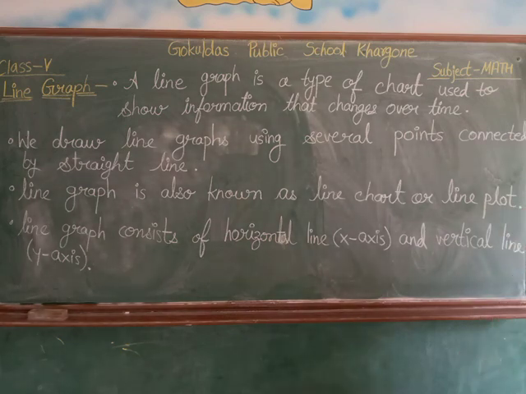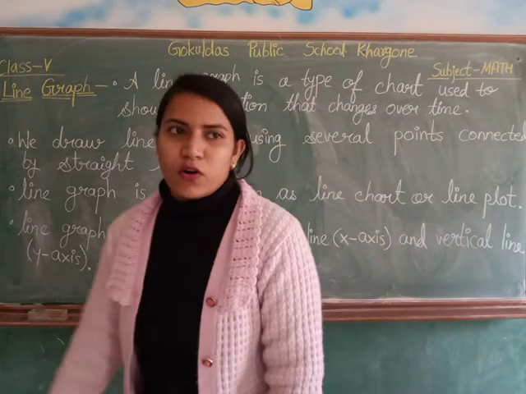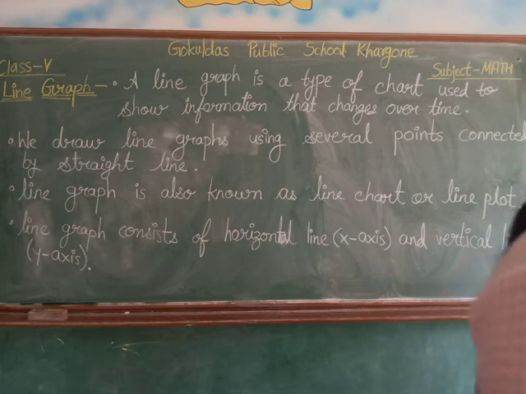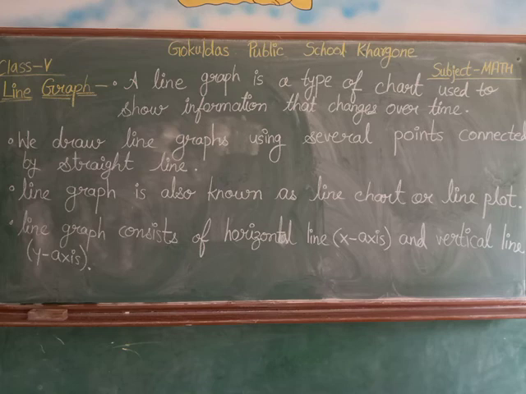Note down all these points about line graph. Once again I am repeating what a line graph is. A line graph is a type of chart used to show information that changes over time. Next point, we draw line graphs using several points connected by a straight line.